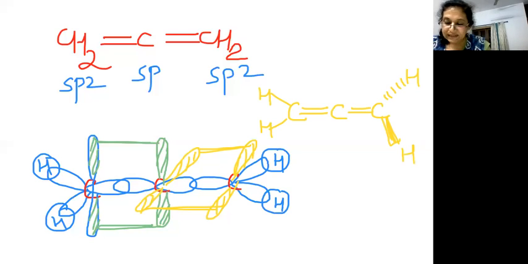So you can see that this allene molecule does not have a plane of symmetry, because though it appears the molecule has a plane of symmetry, these two carbon atoms are not in the same plane. Here at this carbon atom, this is in the plane of the paper, but if you look at the other carbon atom, the hydrogens are not in the plane of the paper. One hydrogen is going inside the blackboard and the other hydrogen is coming outside the blackboard.